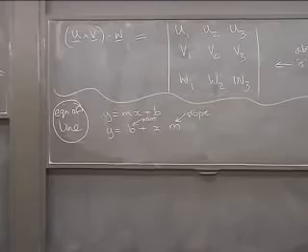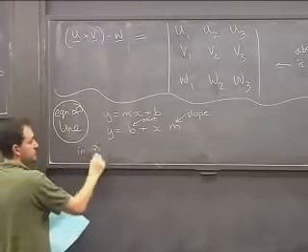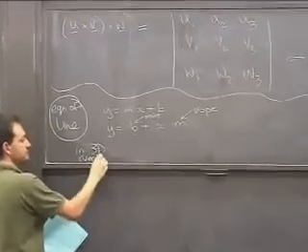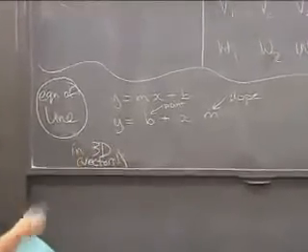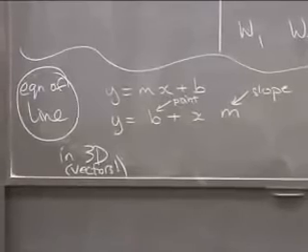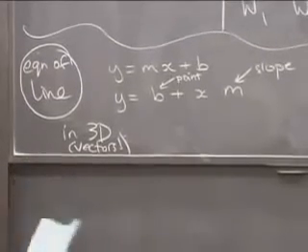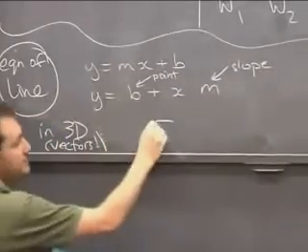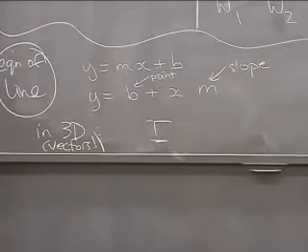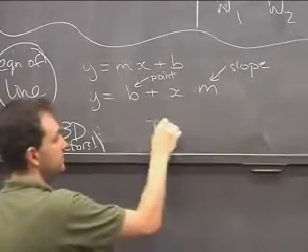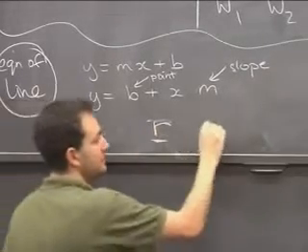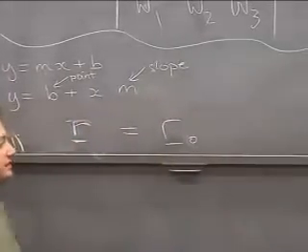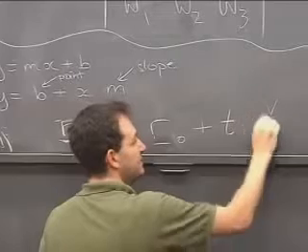So the three-dimensional version, or actually in any number of dimensions, i.e. vectors, so in more than 1D, the equation is r. I'm going to call it r instead of y, because I've got x and y and z. So the vector r is equal to some fixed vector r0 plus t times v.